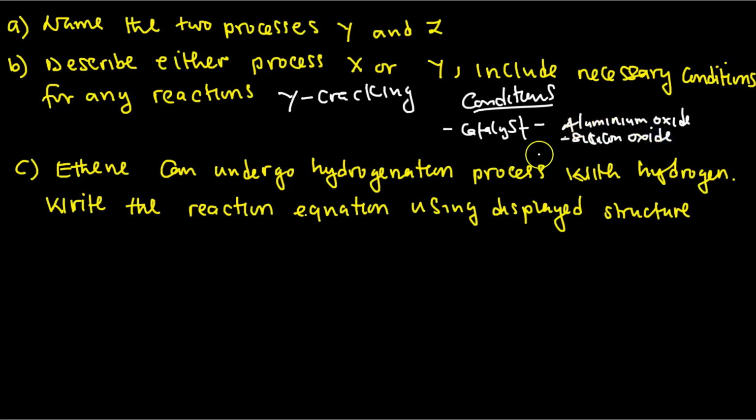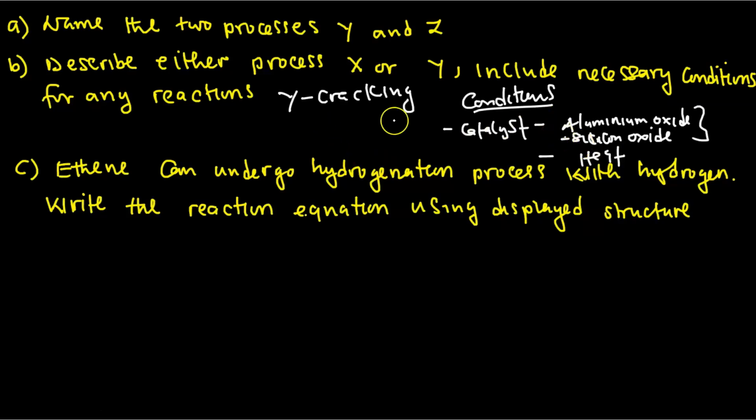And of course, I'll put heat for thermal cracking. So the conditions are catalyst, aluminium oxide or silicon oxide, but for thermal cracking it is heat.